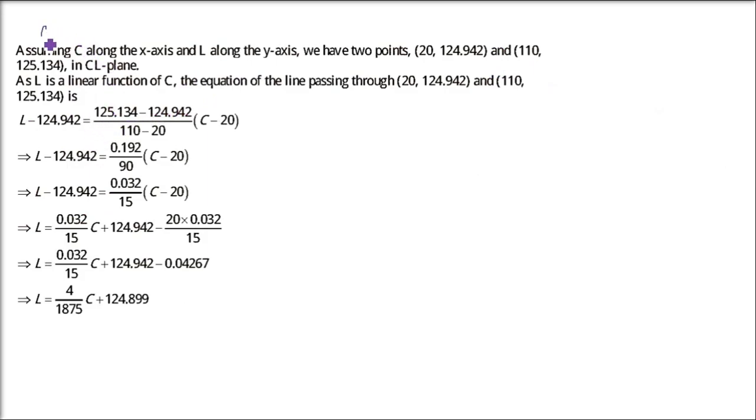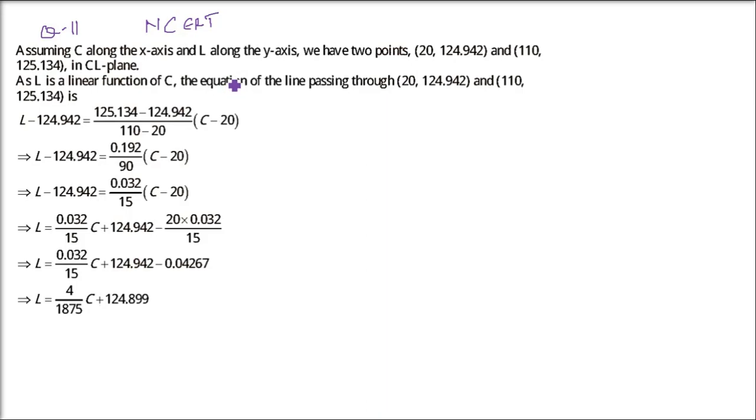Question number 11. Now the important thing here is, this is an NCERT question. The length in centimeters of a copper rod is a linear function of its Celsius temperature.